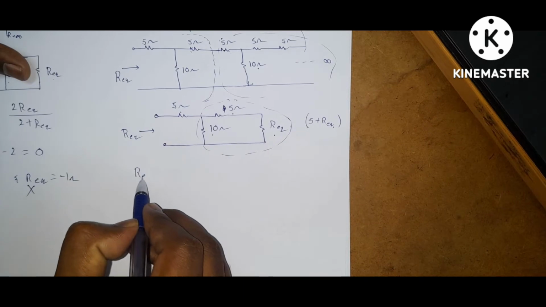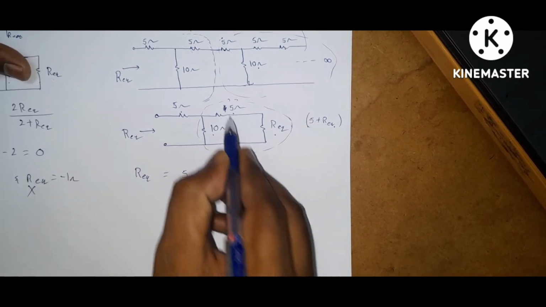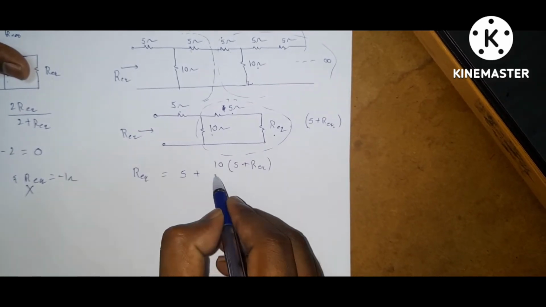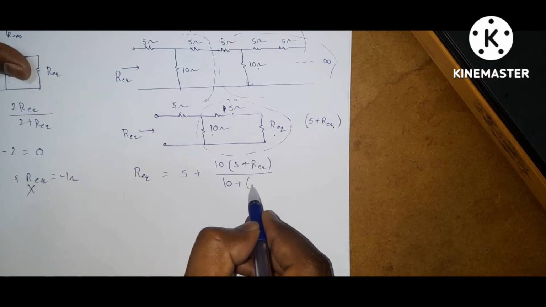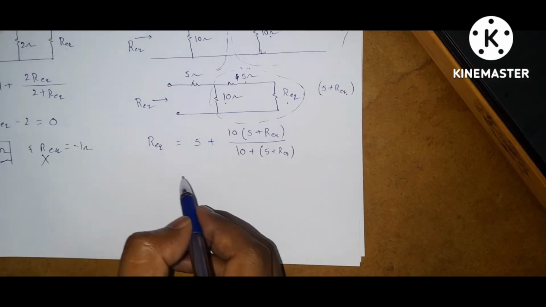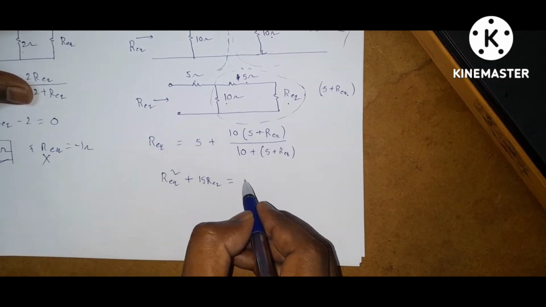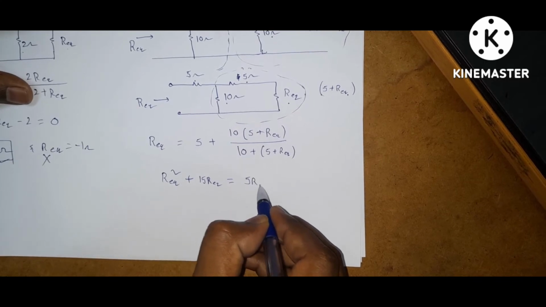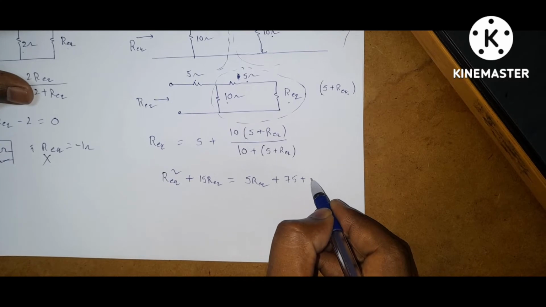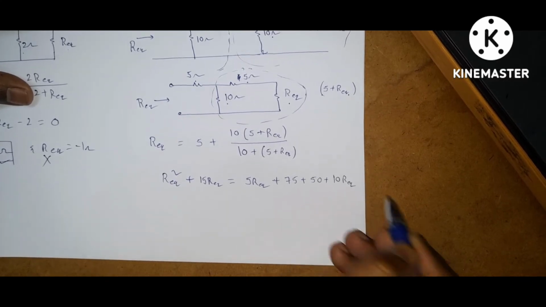So R equivalent is equal to 5 plus 10 into 5 plus R equivalent divided by 10 plus 5 plus R equivalent. So the quadratic equation is R equivalent square plus 15 R equivalent is equal to 5 R equivalent plus 75 plus 50 plus 10 R equivalent.